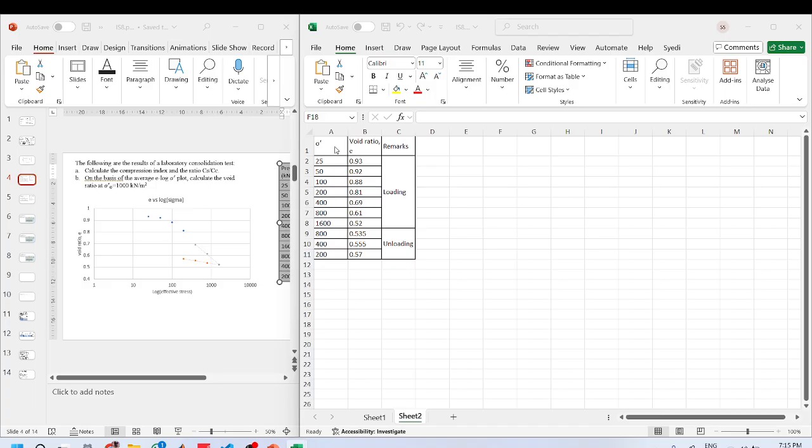We have been given the void ratio, we have been given the sigma. All we need to do is plot this.